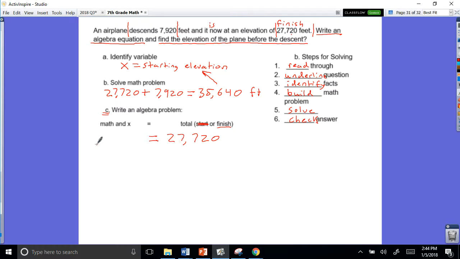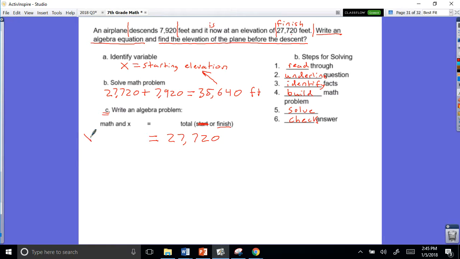Now we're going to show the math over here that shows how to get this answer. To get this answer, we need to take the starting elevation, which is this amount, and subtract 7,920 from that in order to get this number. We're going to pretend we're going to use x because we're building an algebra problem. So we're not going to use this number, pretend like we don't know what this is.